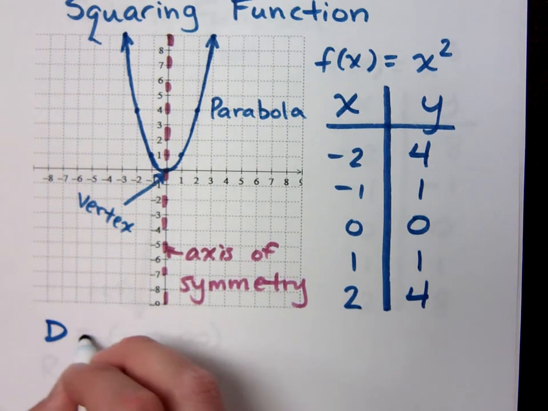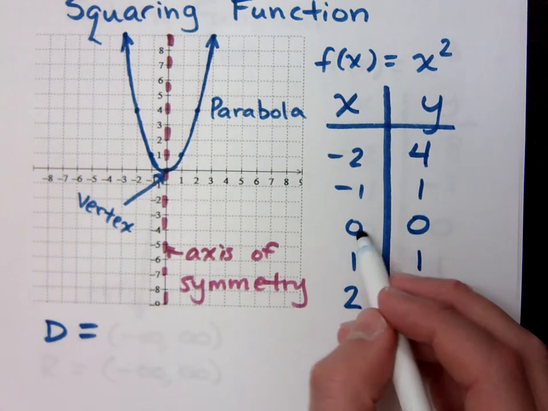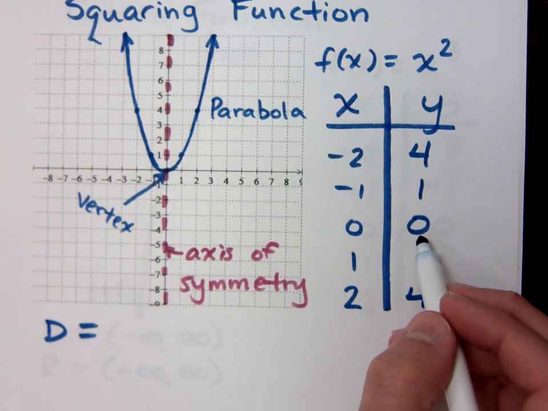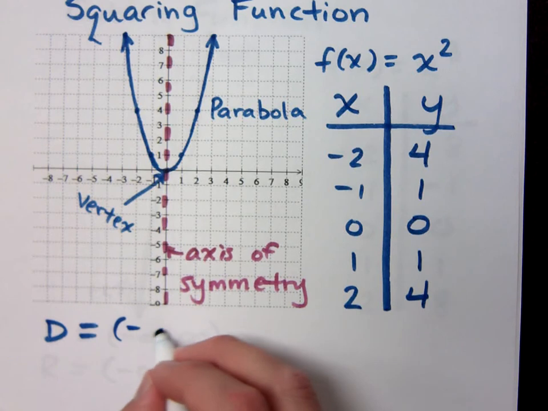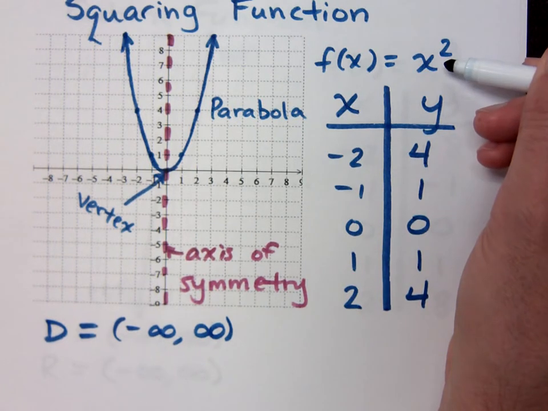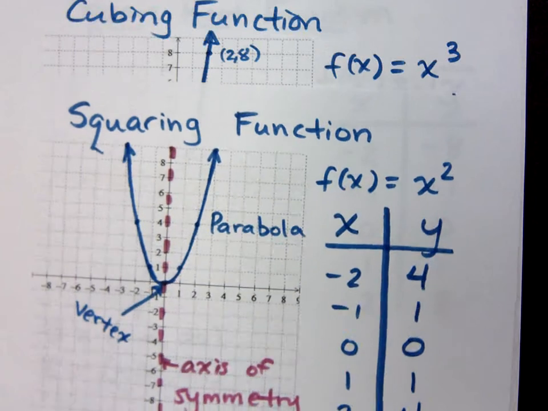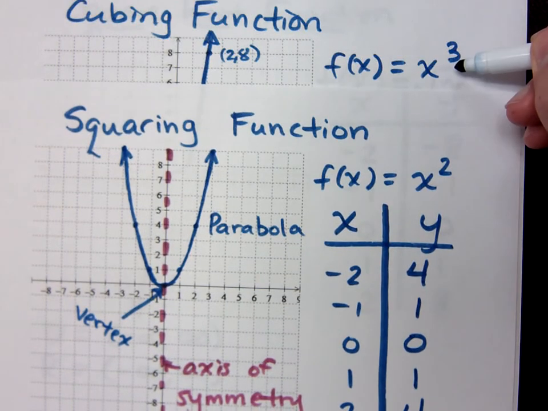Your parabola, what's his domain? Does he have any restrictions on his domain? 0 is not a restriction. Here's 0 right here. It gives you 0. The domain doesn't, but the range does. Well, the domain is all real numbers, right? There's no restriction on what you can plug into this expression. There's no limitation as to what you can plug into x to the third.